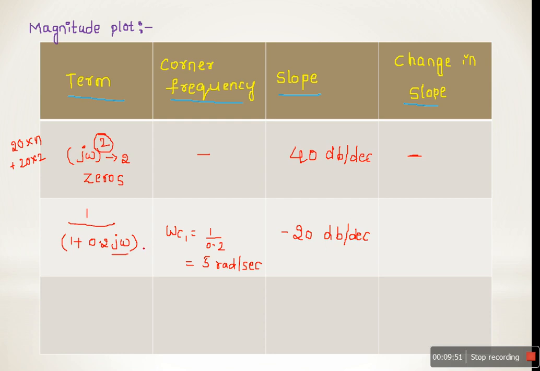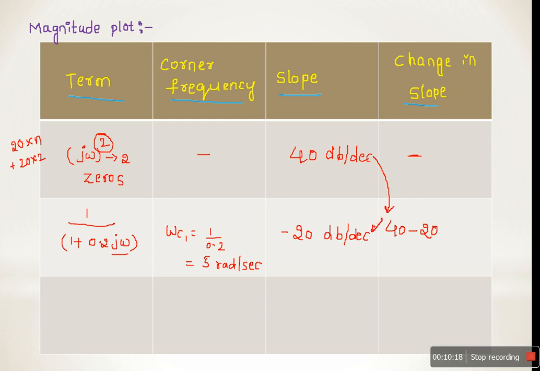And what is the change in slope? So how to calculate the change in slope? In order to calculate the change in slope, here the initial magnitude is plus 40 decibels, and that will be added with the minus 20 decibels.